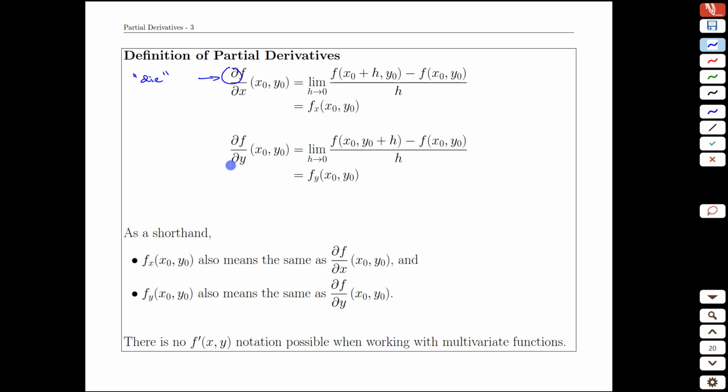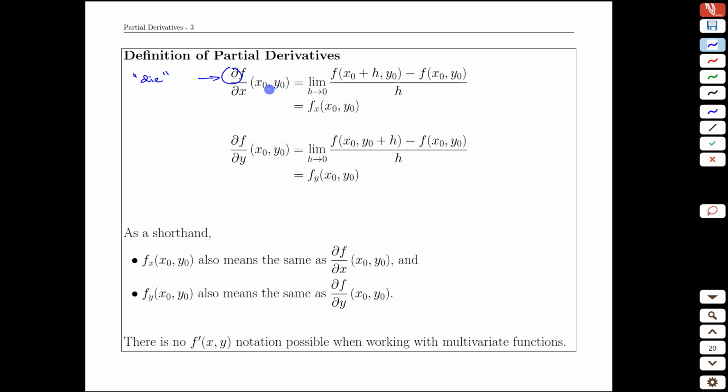This would be phrased as die f, die y. And we use those when there's an indication that there's more than one derivative that we could take. F is a function of two variables, x and y. We can take a derivative with respect to x, and we can take a derivative with respect to y, and those are going to be separate operations. So we represent those derivatives as partial derivatives using this curvy d, or die notation.